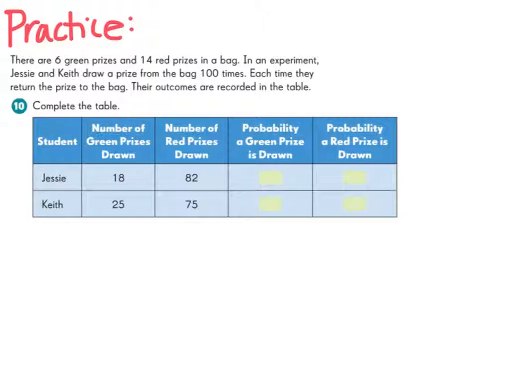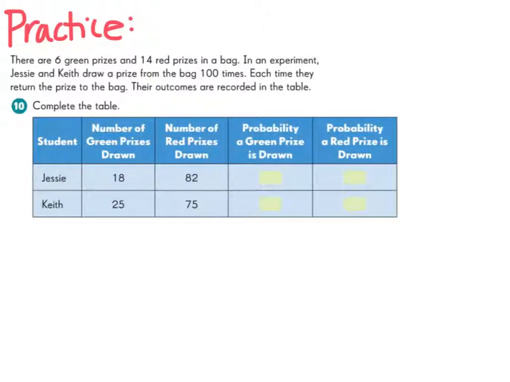Complete this table. If Jesse drew 18 green prizes and 80 red prizes, calculate the probability that she drew a green prize and the probability that Jesse drew a red prize. Keith drew the green prize 25 times and the red prize 75 times.